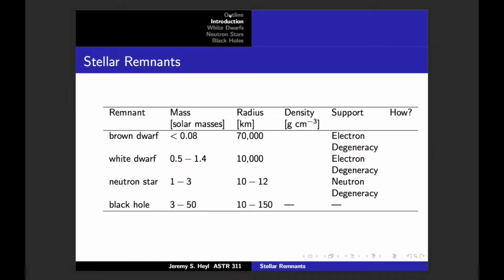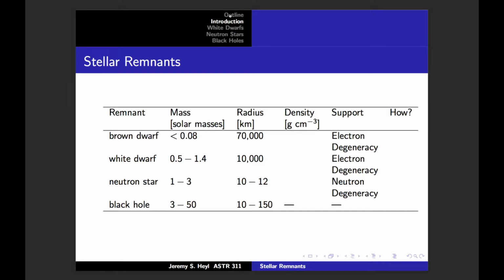As we go to larger masses, we have something called a neutron star, which is now held up not by electrons not wanting to be in the same state, but neutrons. So we call that neutron degeneracy. And then if the mass is even larger than maybe 3 times the mass of the sun, there's nothing that can hold it up.